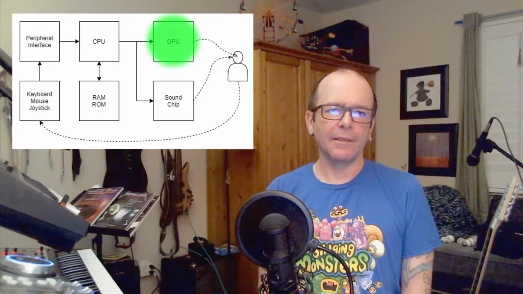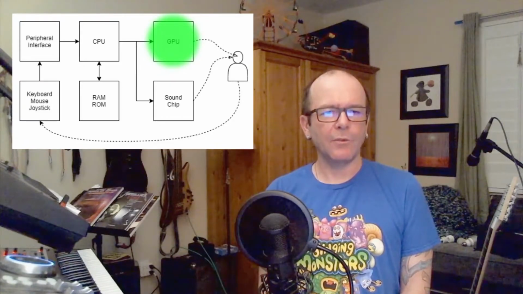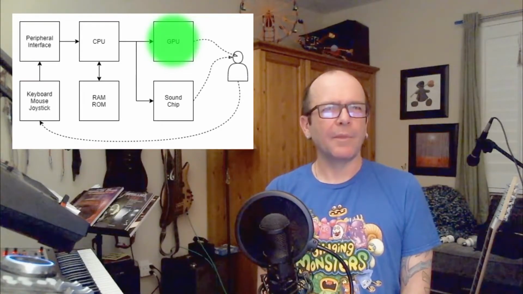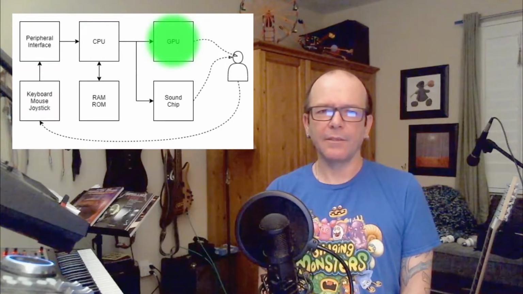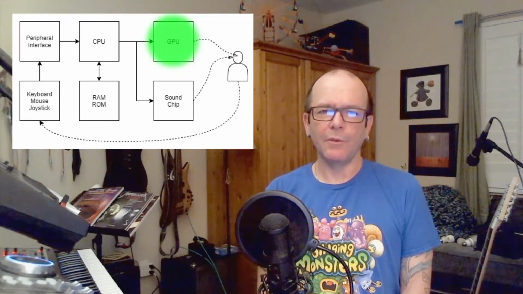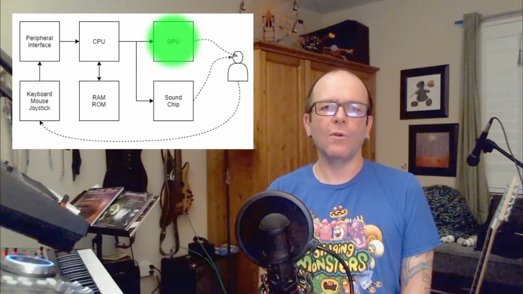In the old days, for the Super Nintendo, it was called the PPU, the picture processing unit. The TI-99/4A had the VDP, something like a video display processing chip. But they're all forms of GPUs. They basically take the workload off the CPU specifically for graphics.